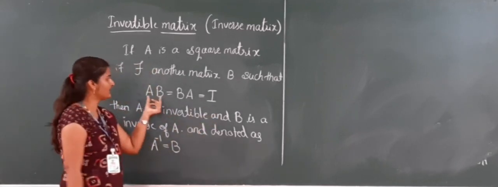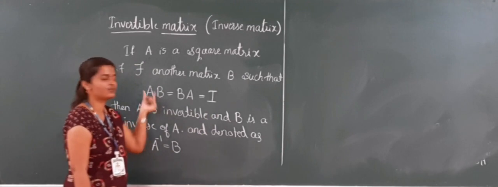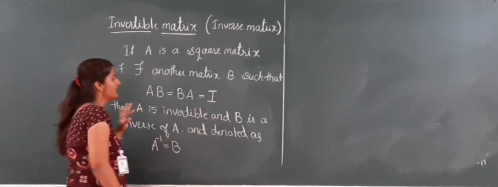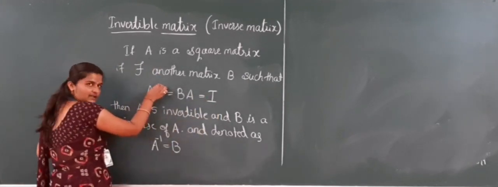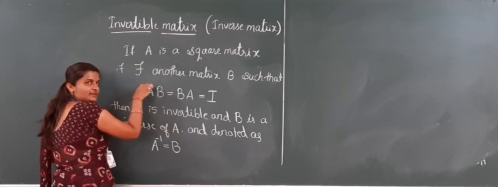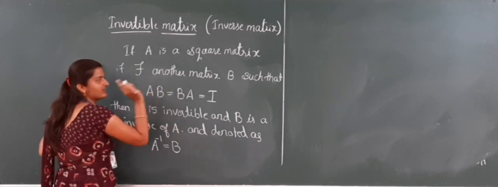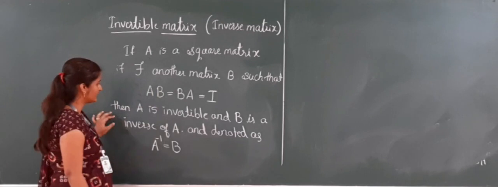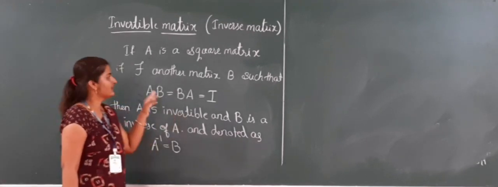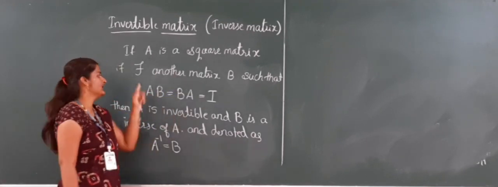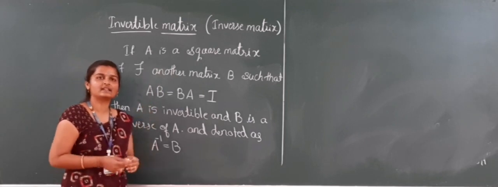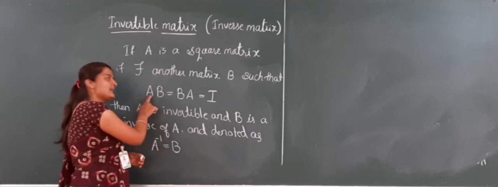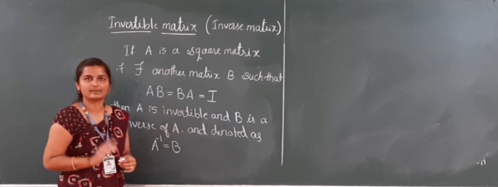So after multiplying any two matrices, if you get the identity matrix, then this matrix is known as the inverse of that matrix. So A is invertible if there exists another matrix B. Invertible means if there exists an inverse for a matrix, then that is called an invertible matrix.